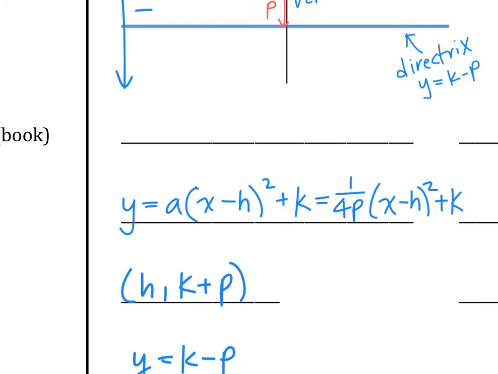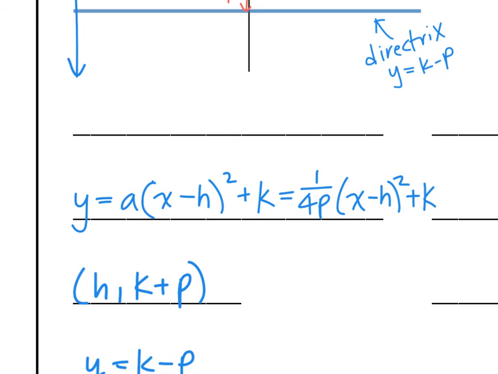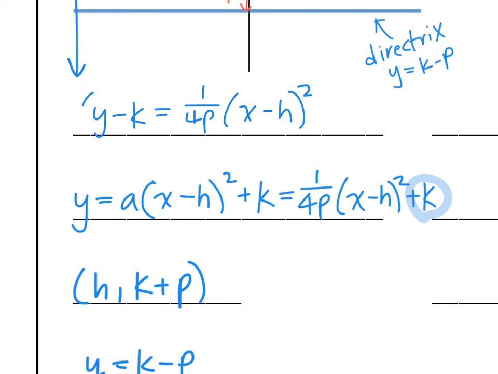The first thing is they subtract K from both sides. So then they get Y minus K equals 1 over 4P times X minus H squared. And then the next thing is they multiply everything by 4P. And so that's gone. So they call this the standard form.